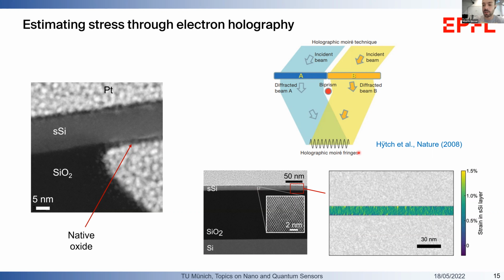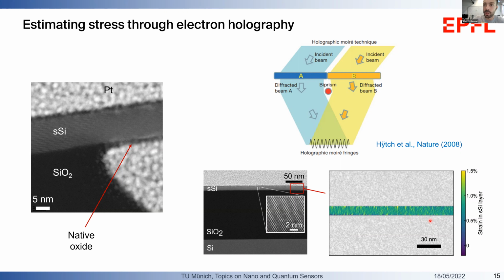The interesting part is that the spatial phase of these fringes is proportional to the atomic displacement in the strained silicon layer. So with a relatively simple reconstruction algorithm, one can find the strain locally present in the thin film. And here one really has nanometer scale resolution with this technique.